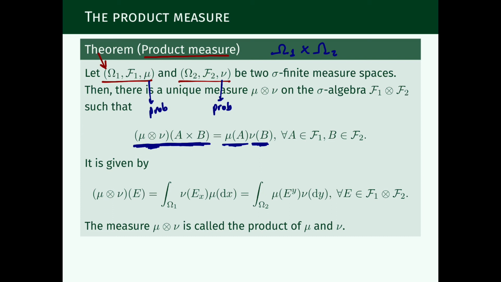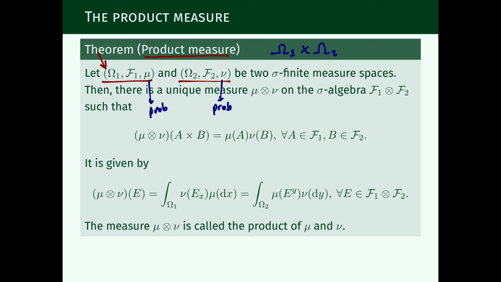It is what the product measure is representing, because we are asking what is the probability that in the first experiment we observe A and in the second experiment we observe B, and it is the probability that we get A in the first experiment times the probability that we get B in the second experiment. So this is related to independence when we're talking about probability spaces.